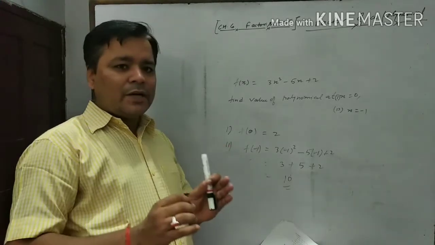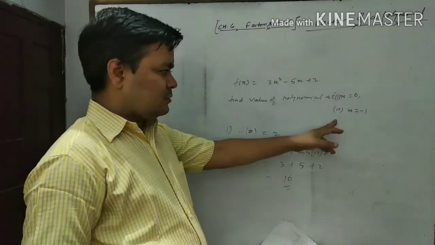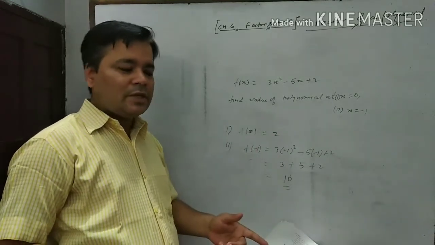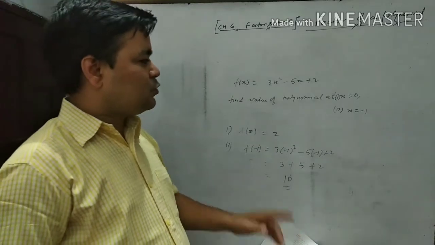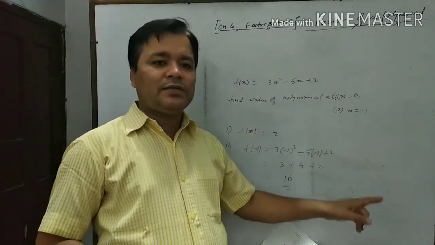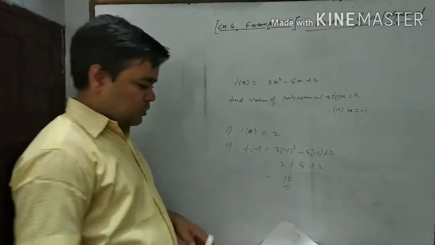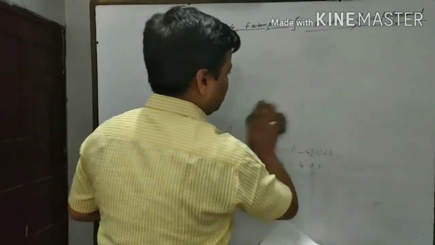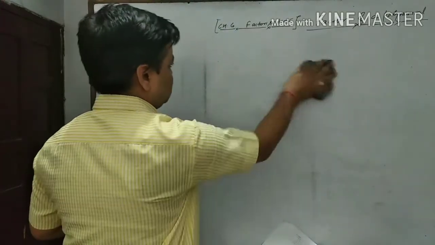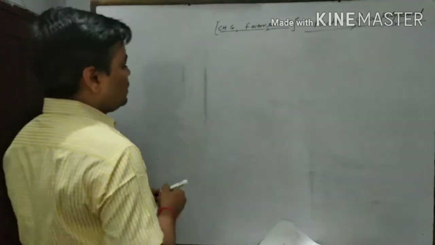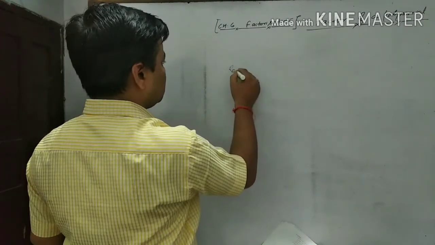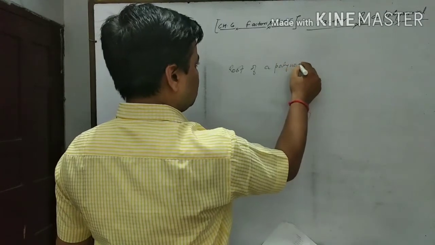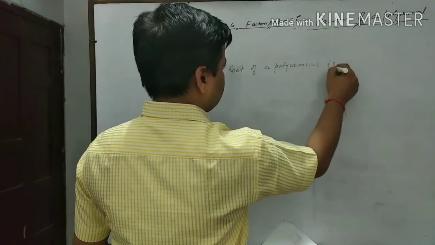At any particular value of x, if we get the value of the polynomial as 0, it means that particular value of x will be a root of that polynomial equation. So let us see the root of a polynomial equation.